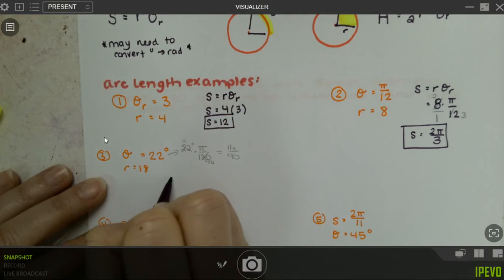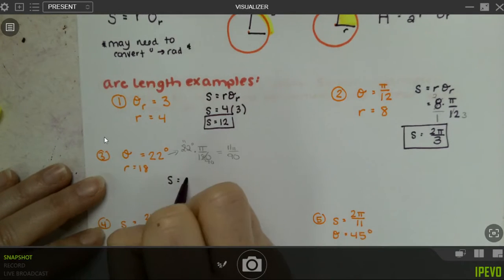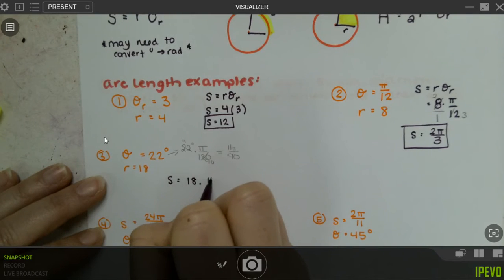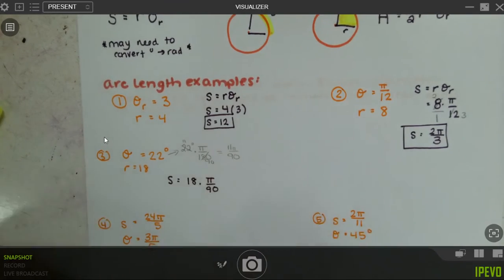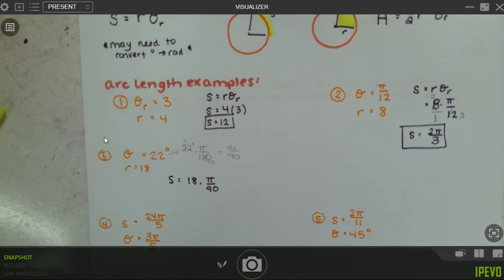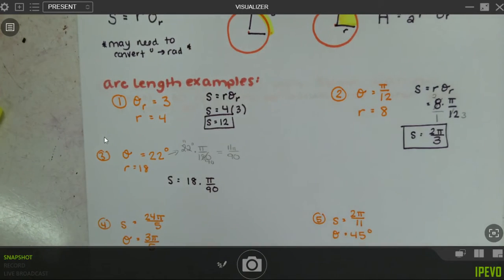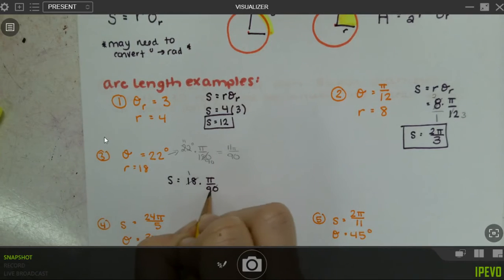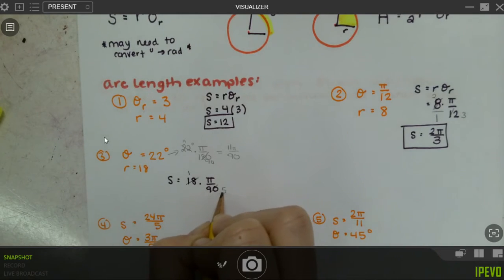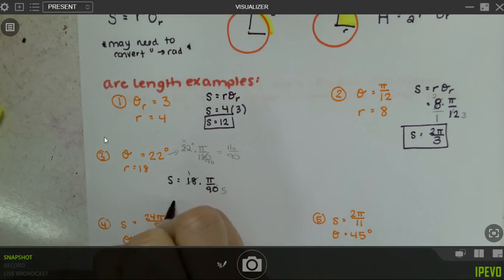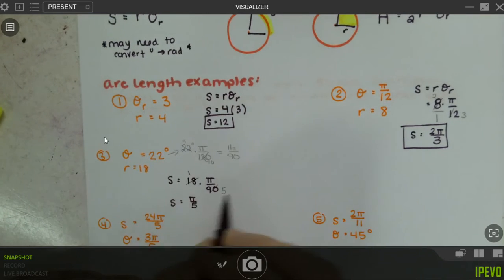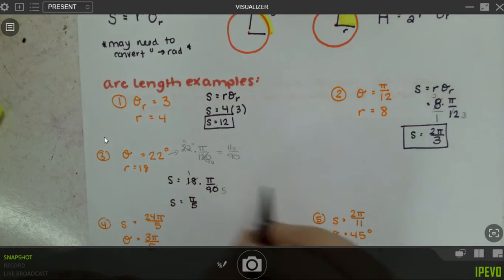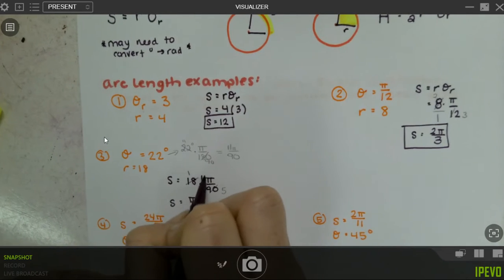So we're going to use our formula. Arc length equals the radius, which is 18, times 11 pi over 90, the measure in radians. And we'll simplify that. 18 goes into 90 5 times. So the arc length is 11 pi over 5. Sorry, I just totally forgot my 11 right up there.